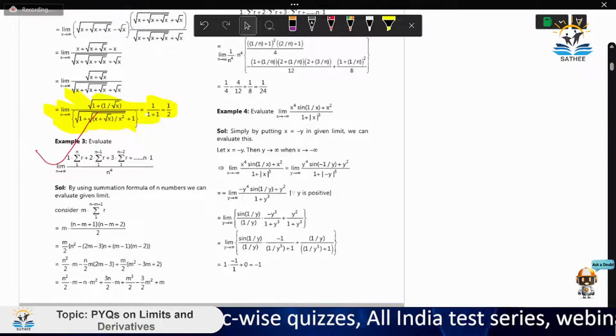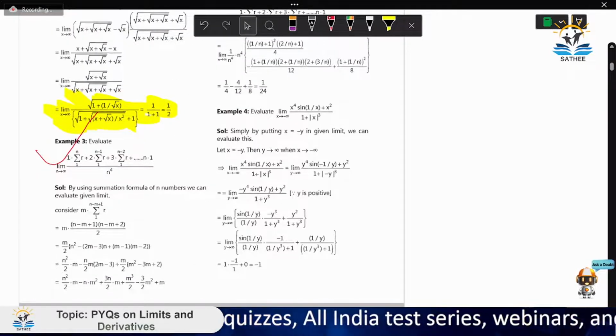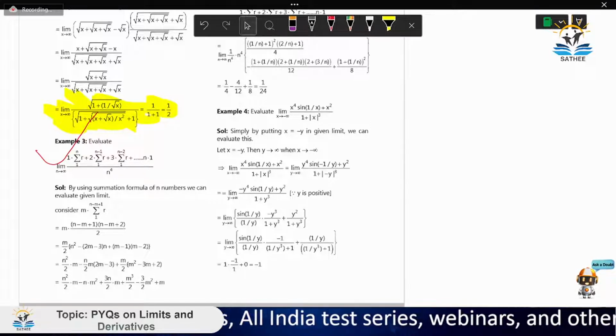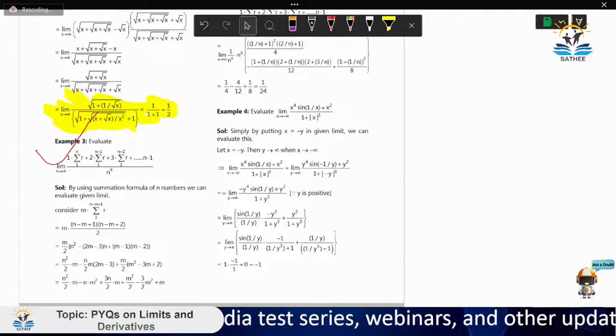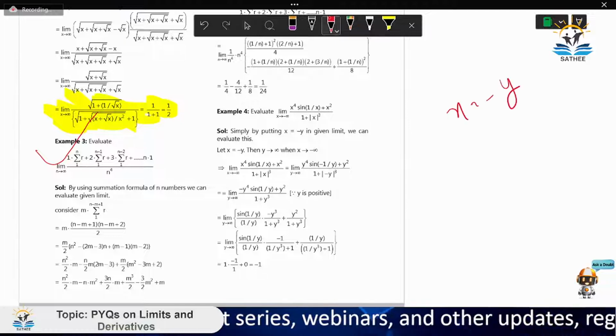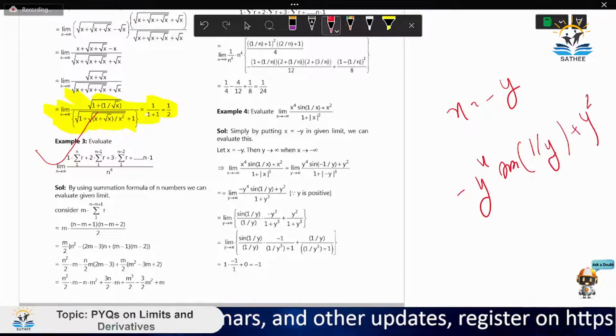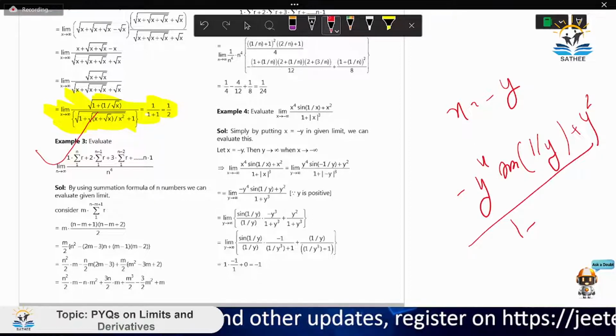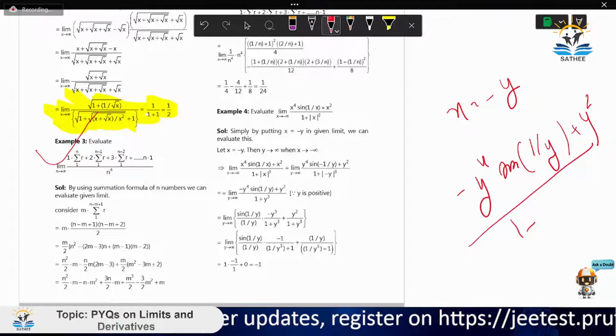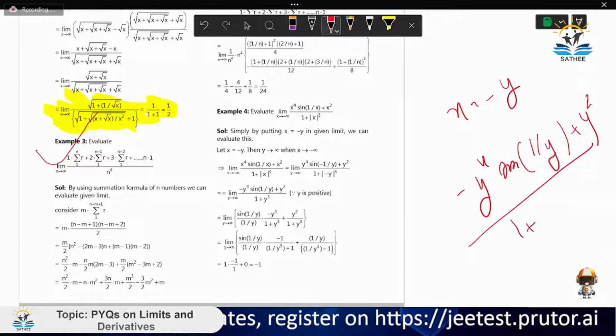So first thing that I also had in my mind, the solution also gives us the same, that let x be minus y. So I'm left with y to the power 4 minus sine of 1 by y plus y squared upon 1 plus y cube. Very simple, right?